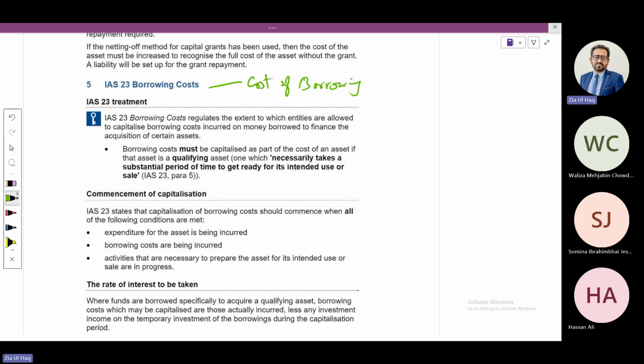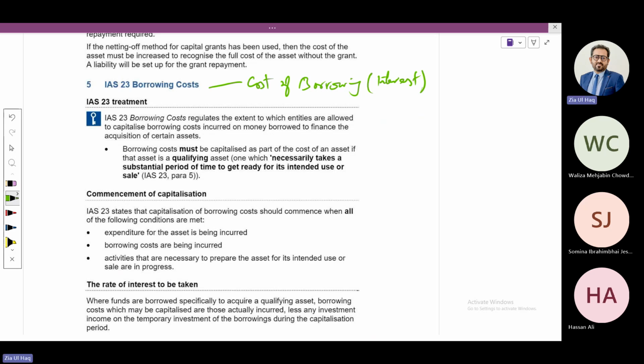If we borrow some money, we need to pay back the money that we have borrowed, as well as some amount over that money. The amount that we are paying over that loan money is called borrowing cost, meaning cost of borrowing. In simple words, interest.